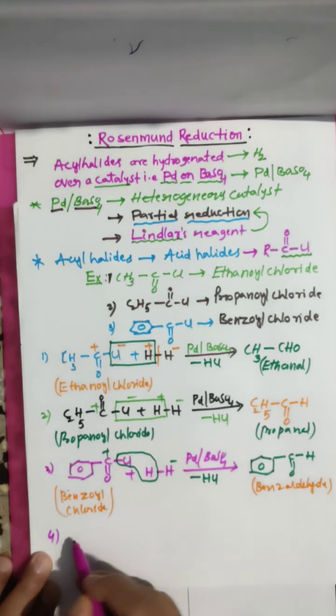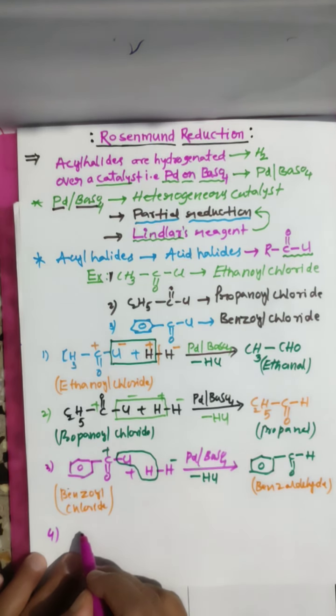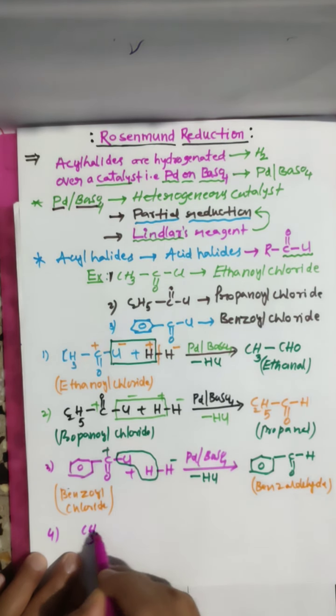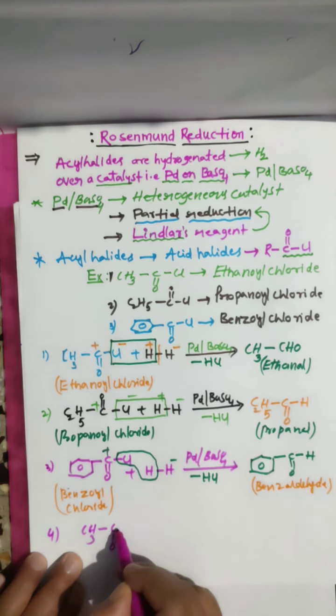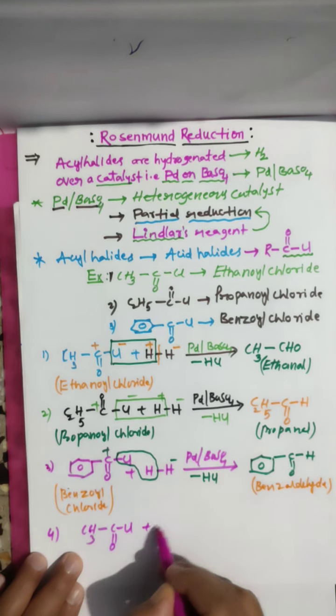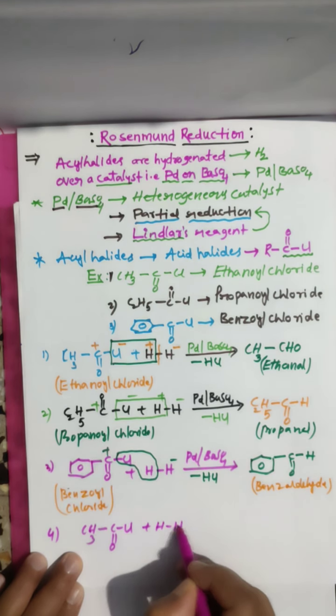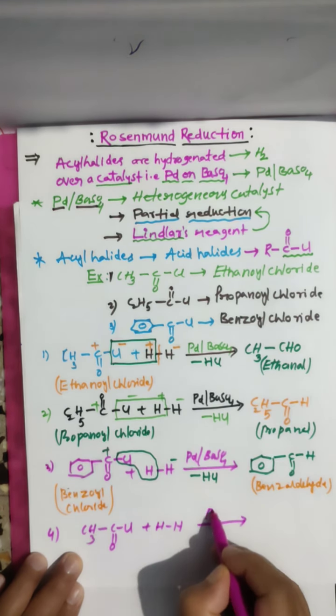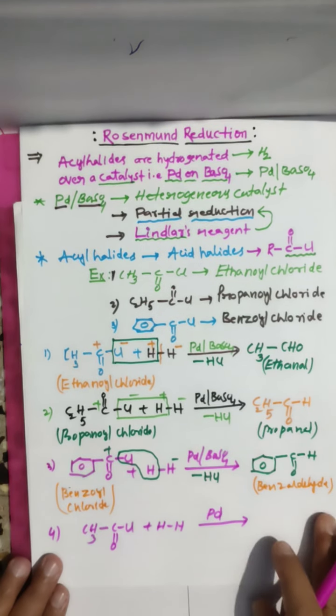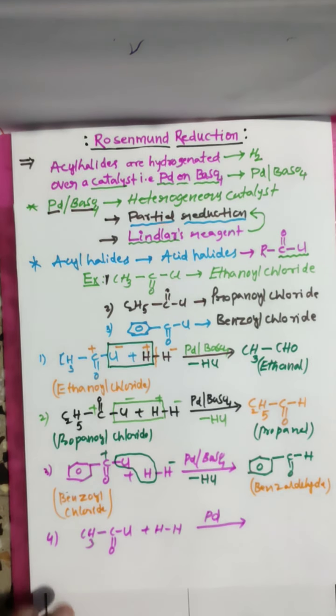Look here. Now I am taking COCl, ethanoyl chloride, plus hydrogen giving rise to Pd, but I am not giving BaSO4.